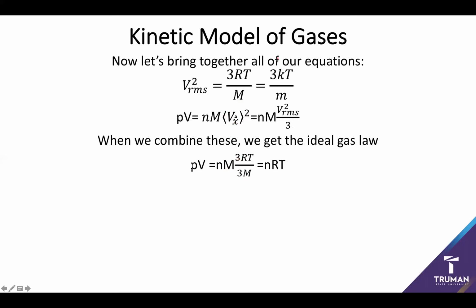But this also cancels out for that same triplicate value that showed up in our root mean squared. So these all end up canceling out, and I get a rather simple expression. Pressure times volume equals number of moles times the ideal gas constant times temperature. Wait a minute, we just re-derived the gas law, but instead from first principles.